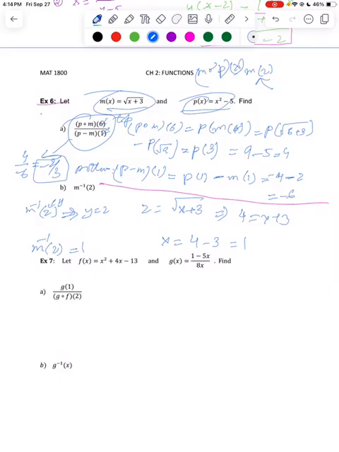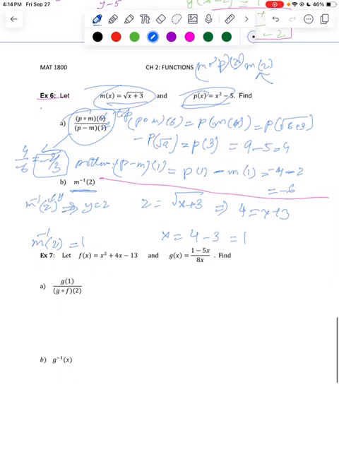Okay, last example here. So g of 1 divided by the composition. So again, as I mentioned earlier, you can find the composition and then plug in, or we can directly do it. So let's do it directly.